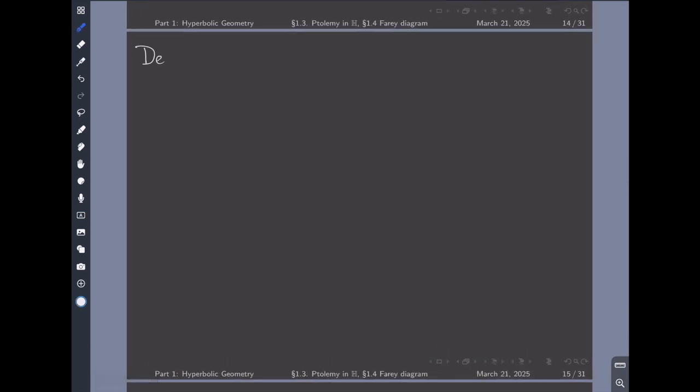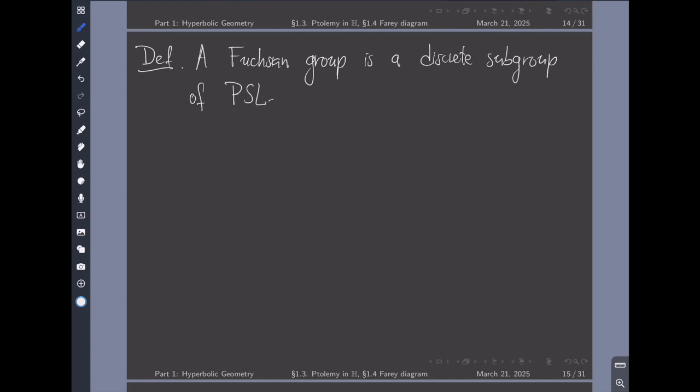So definition: a Fuchsian group is a discrete subgroup of, let's say, PSL2R.